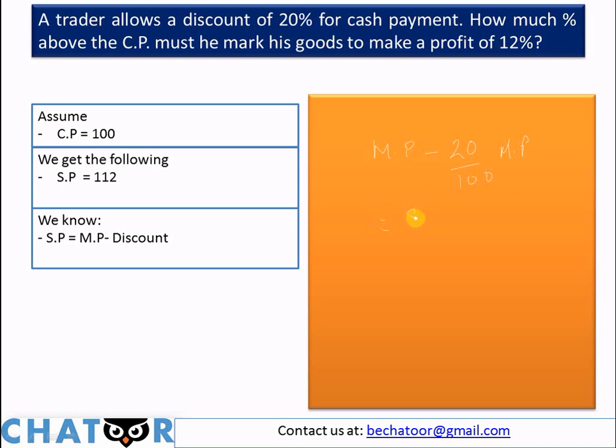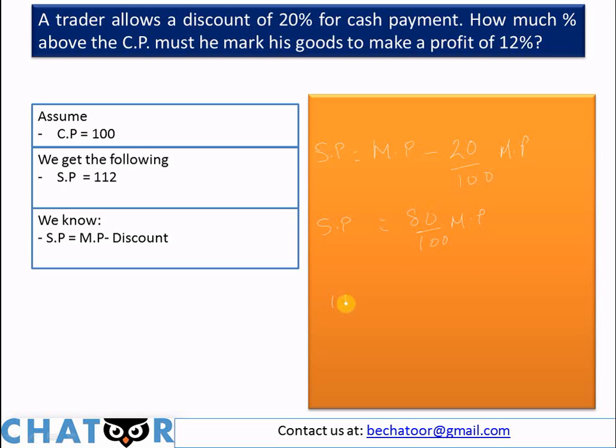So basically he wants the value of 80 by 100 marked price. So this is nothing but SP. SP is equal to marked price minus 20% on marked price, which is the discount amount. So SP is equal to 80 by 100 marked price.